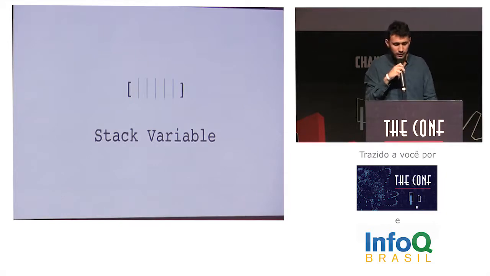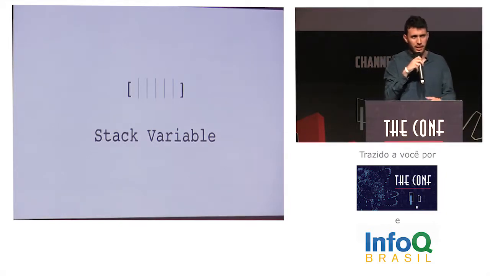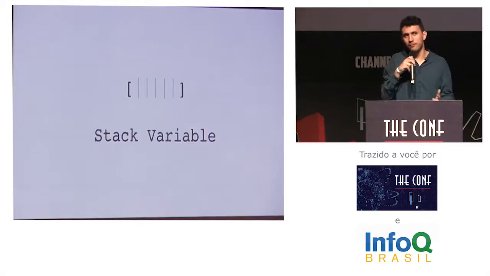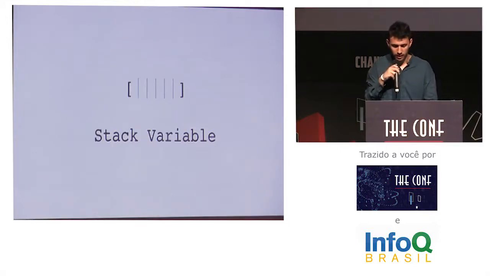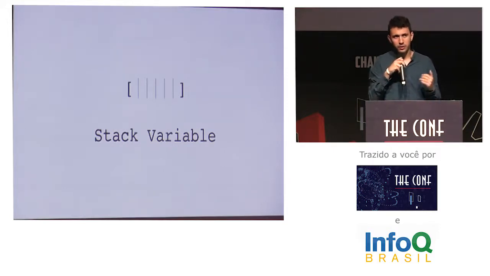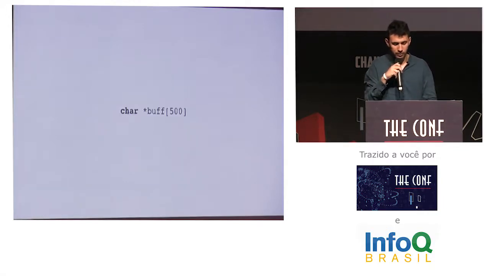But in this case, we also have stack variables, which are faster and easy. However, the stack is limited. What I'm trying to say is it's often used for smaller values like primitives.